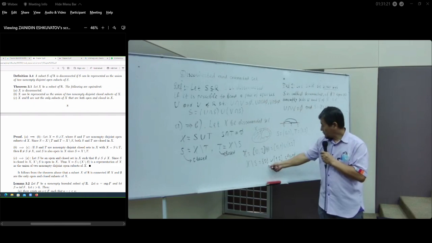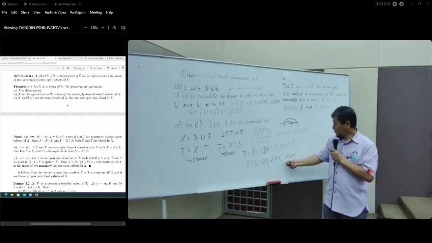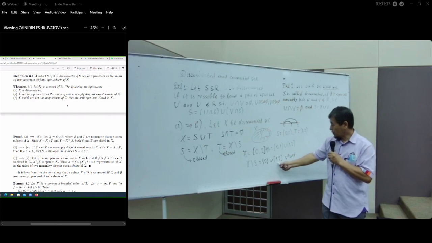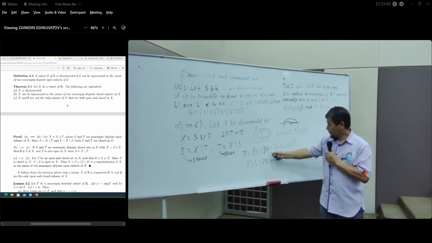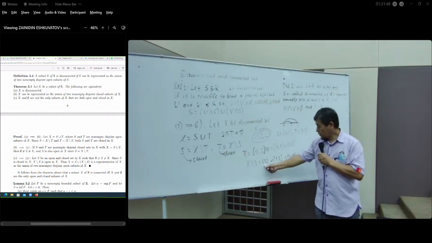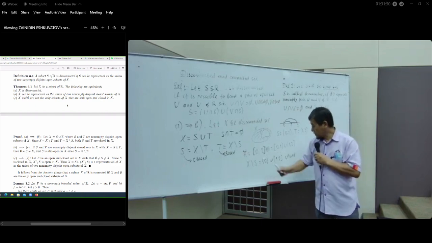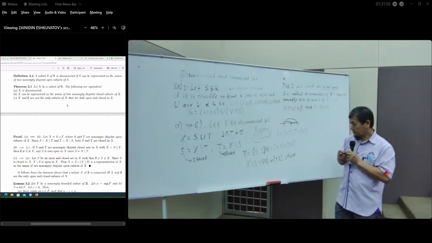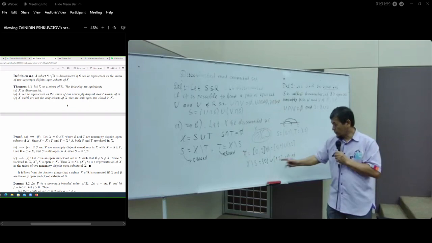So 0 to 1, 1 is included, but because of this one it is not included, and from 1 to 2, and 0 is included here. So this one is not a closed set again, because 1 is not included there.